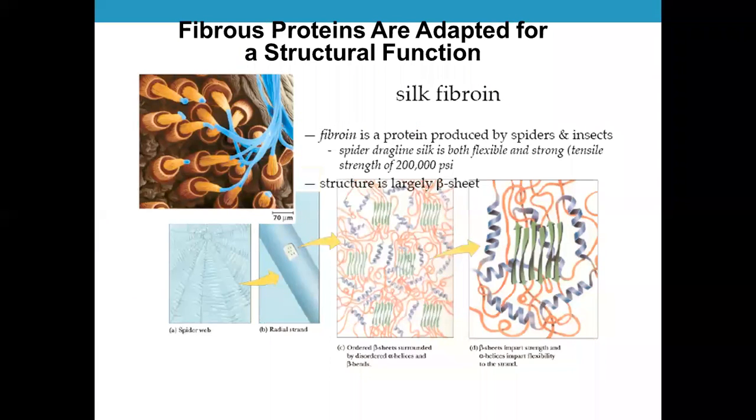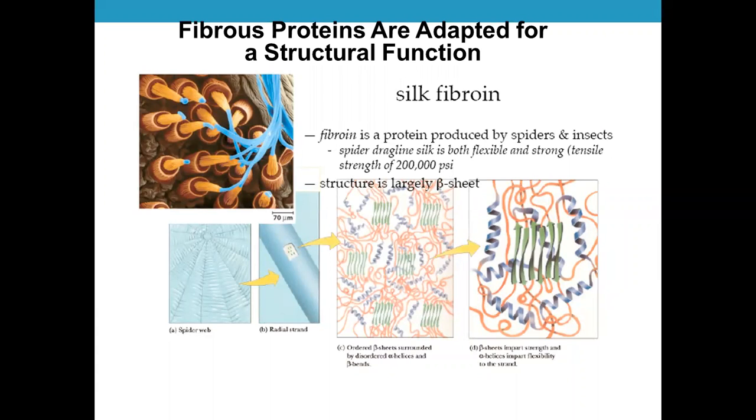And here we have another example, fibroin. Where can you see that one? You can see it in spider webs. Just look at the spider webs at home if you have spiders.